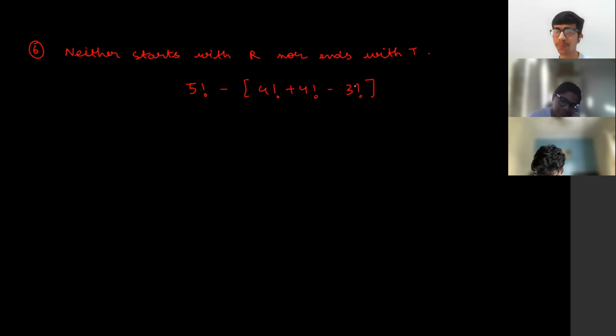So it will be 5 factorial minus (4 factorial plus 4 factorial minus 3 factorial). ये जो प्रोबेबिलिटी में मैंने रूल बताया था कि हम कॉम्प्लीमेंट की प्रोबेबिलिटी निकालते हैं, वही रूल PnC में भी अप्लाई होता है.